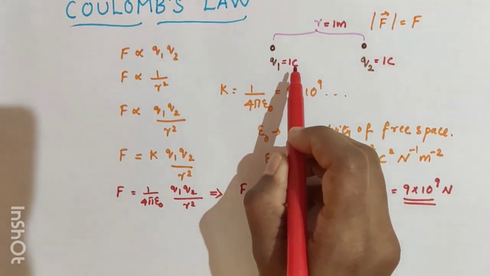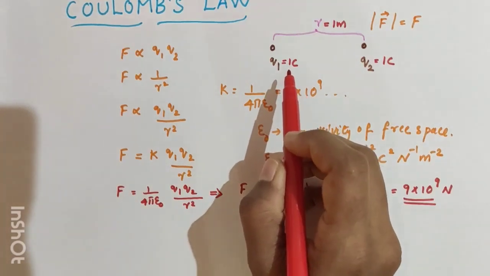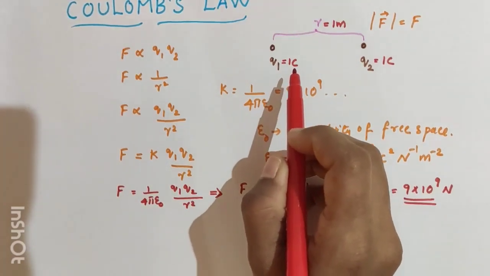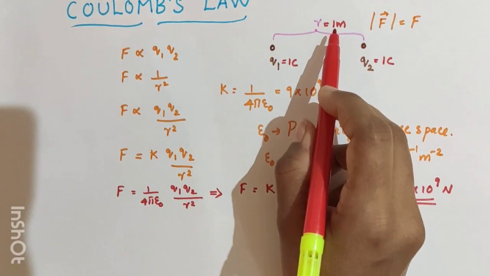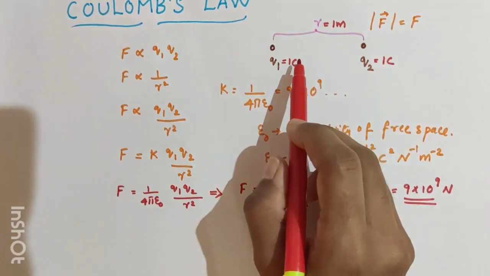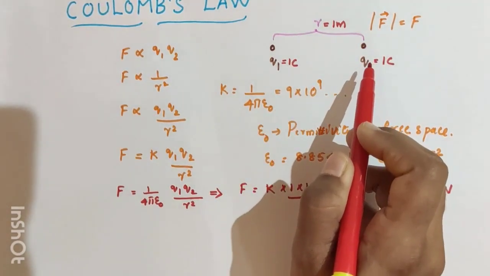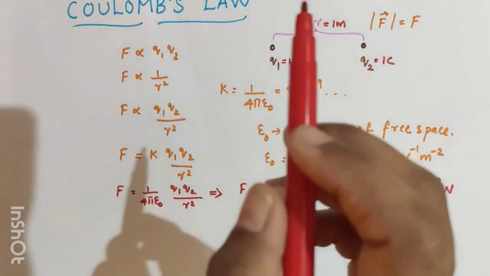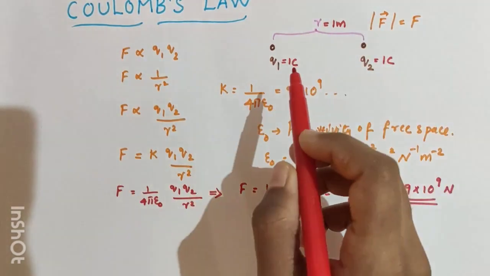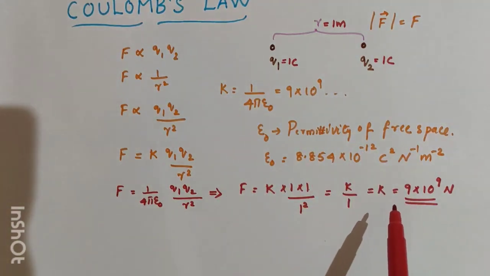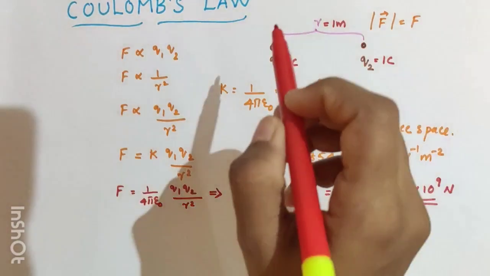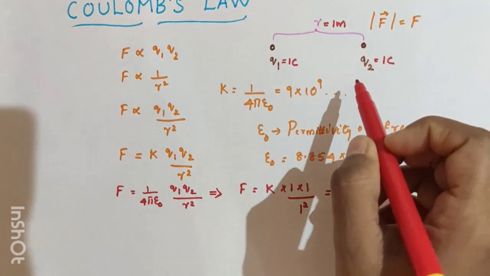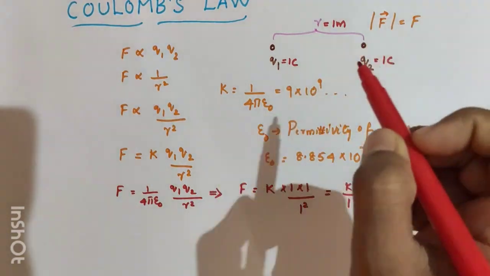You see, 1 coulomb is the charge that, when placed at a distance of 1 meter from another charge of the same magnitude 1 coulomb in vacuum, experiences an electrical force of repulsion of magnitude 9 into 10 raised to 9 Newton. If we are considering the two charges as positive charges, then there is electrostatic repulsion between them.